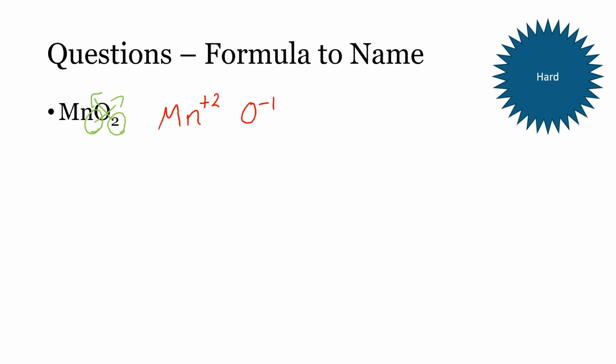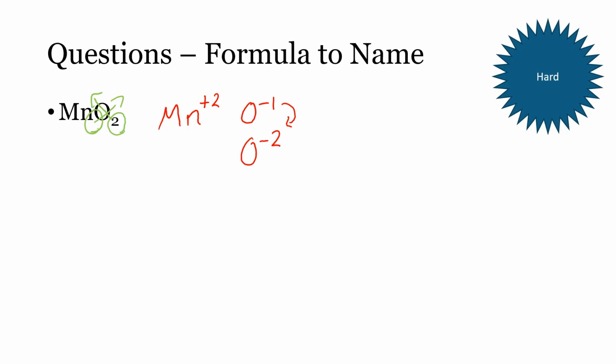However, the issue arises with this oxygen. This oxygen does not have a -1 charge. Oxygen is supposed to have a -2 charge. So we need to change this -1 to a -2, and the way that we do that is through multiplication.